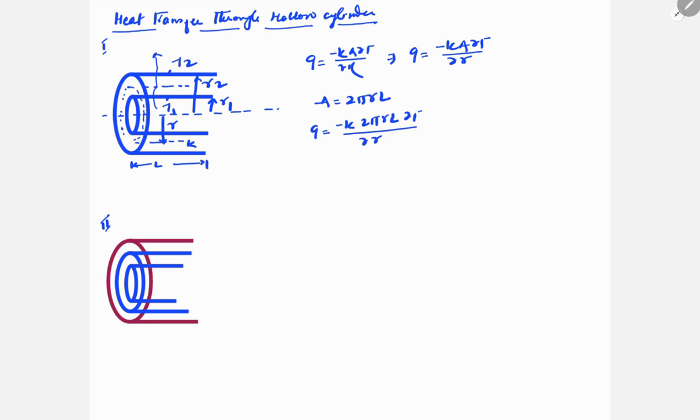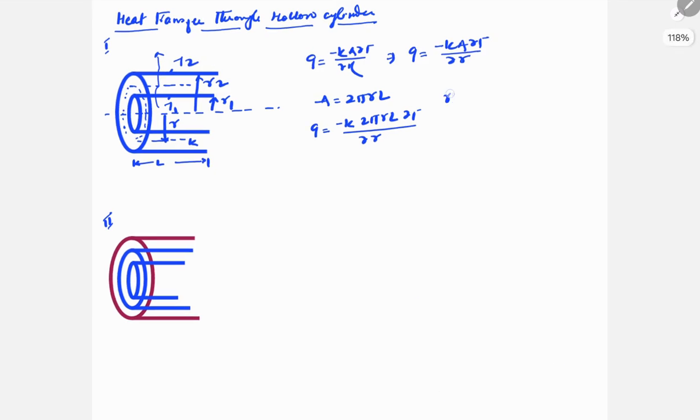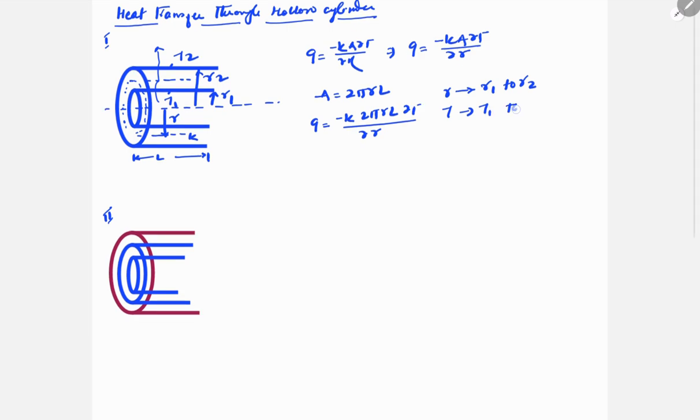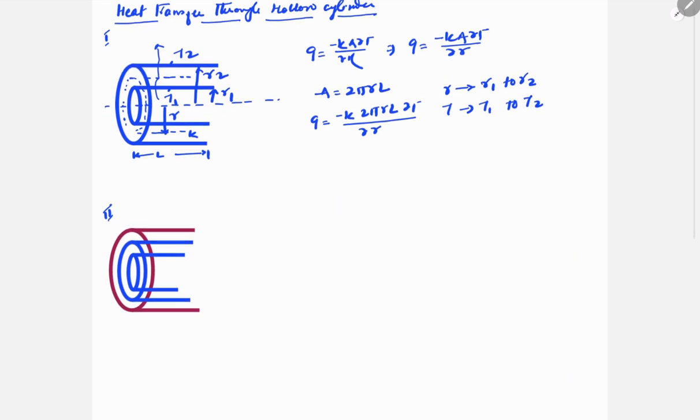As I already told you, with respect to change in radius, temperature will change, so we need to integrate this equation with the limits: r varies from r1 to r2 and T varies from T1 to T2. So now integrate it.